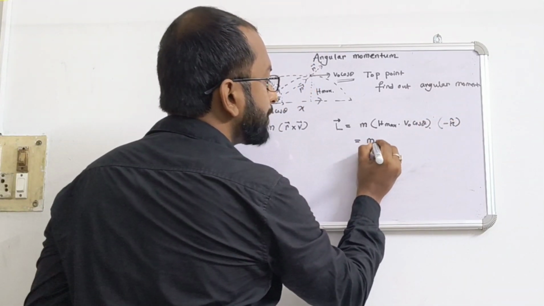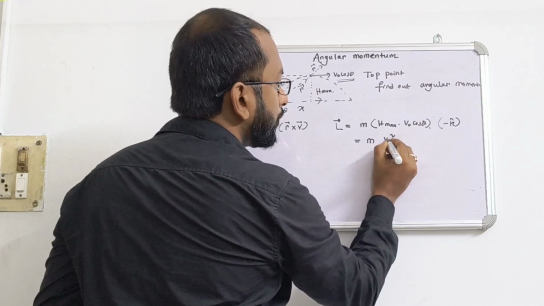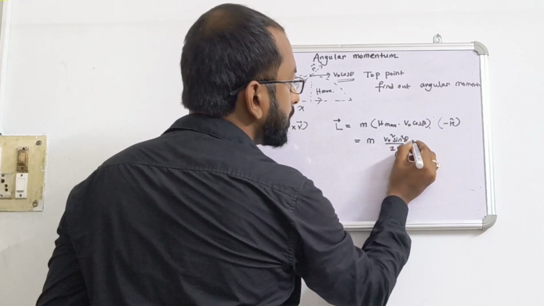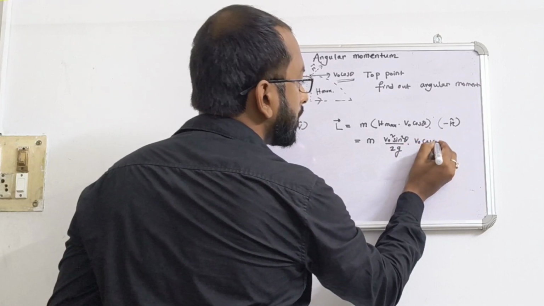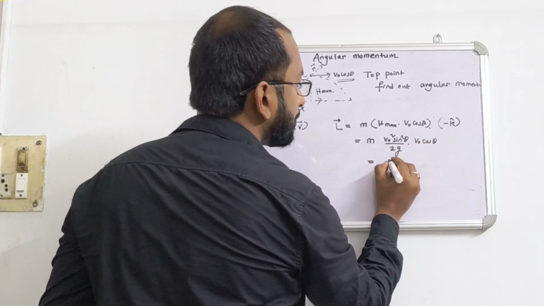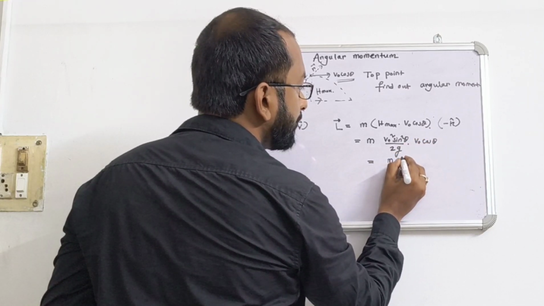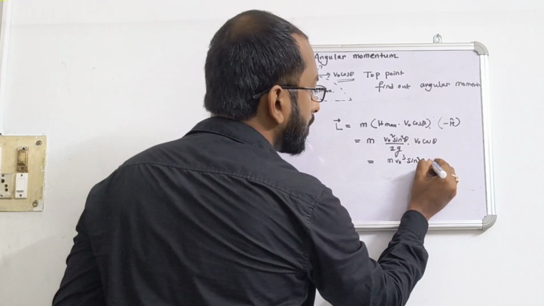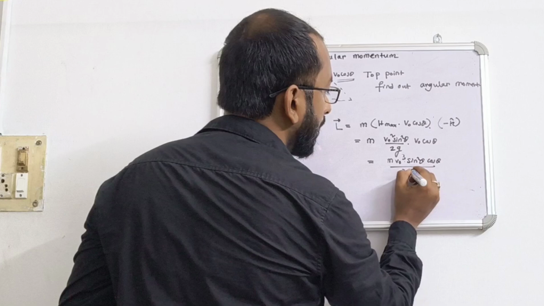So h max is, you know, v naught square sin square theta by 2g, into v naught cos theta. So it is becoming m v naught cube sin square theta cos theta by 2g.